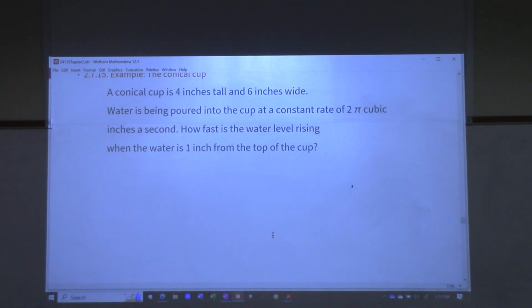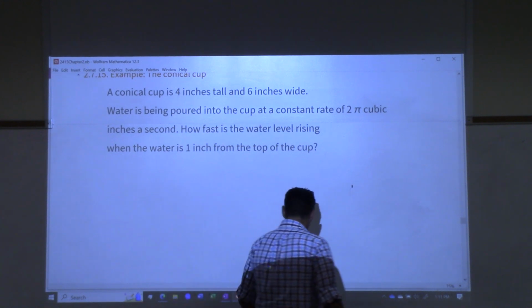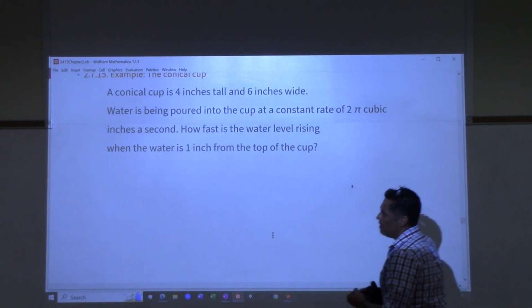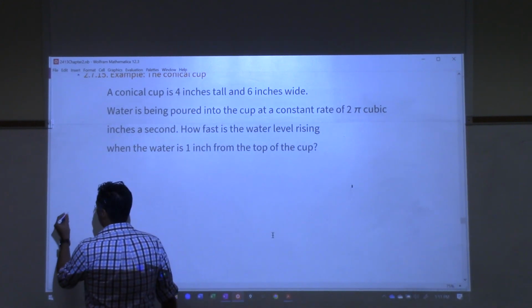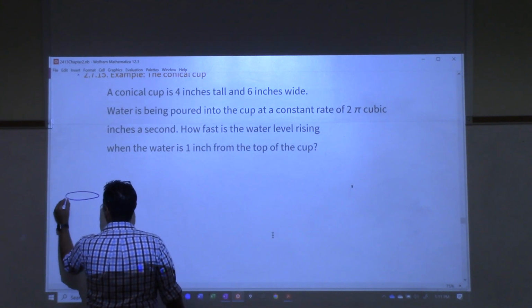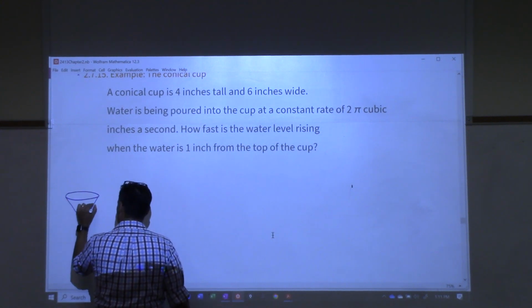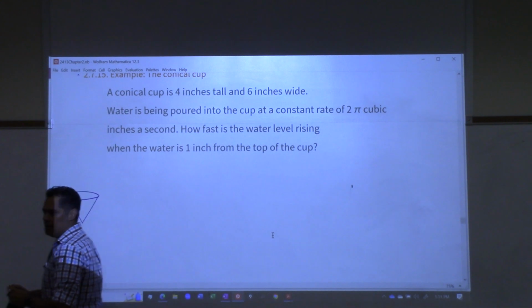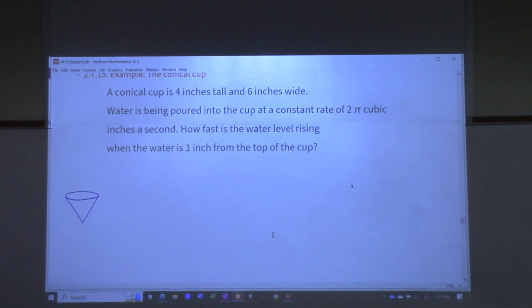All right, so let's look at this problem here. A conical cup is 4 inches tall, 6 inches wide. So we need to first understand what I mean by a conical cup here. I did not include a picture, but what I mean is something like those little paper cups that they put on the igloo, where you get a little drink of water.